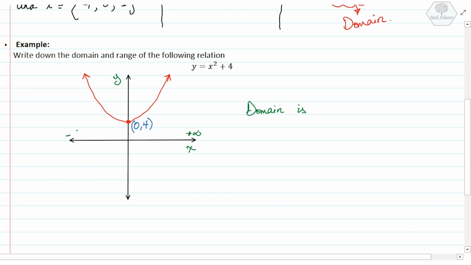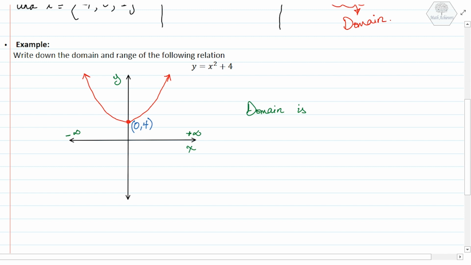If the x values go to negative infinity or a very big number having the negative sign, does the curve continue? Yes, it does. Is there any interruption from negative infinity to infinity? No. So I can say that the x values lie between negative infinity and infinity. So the x values have all the real numbers.